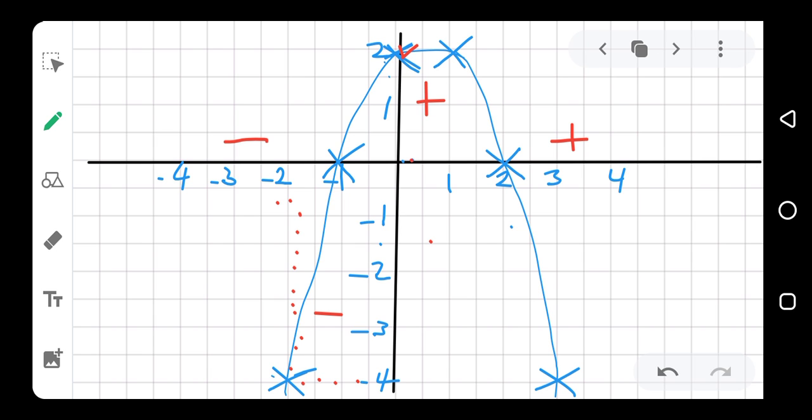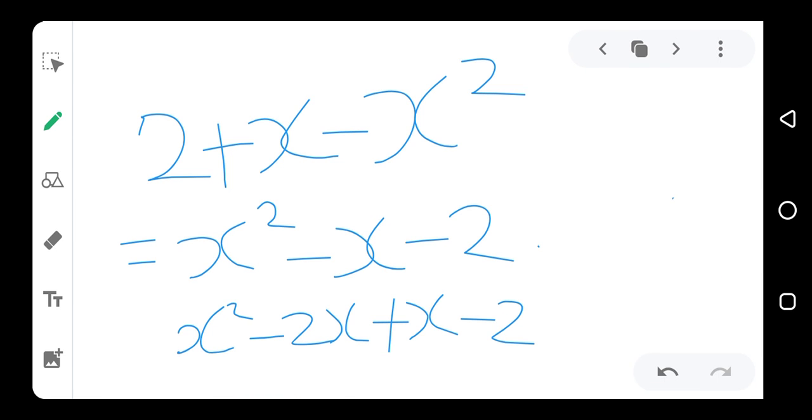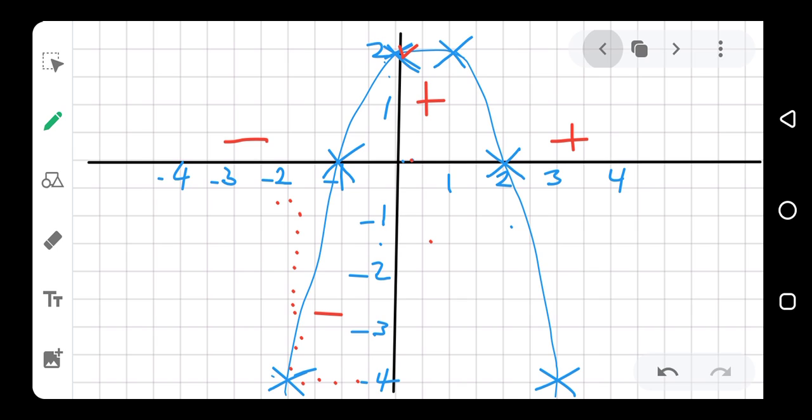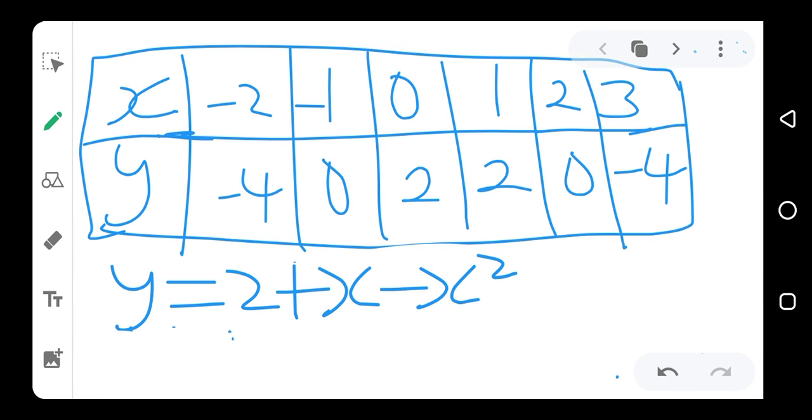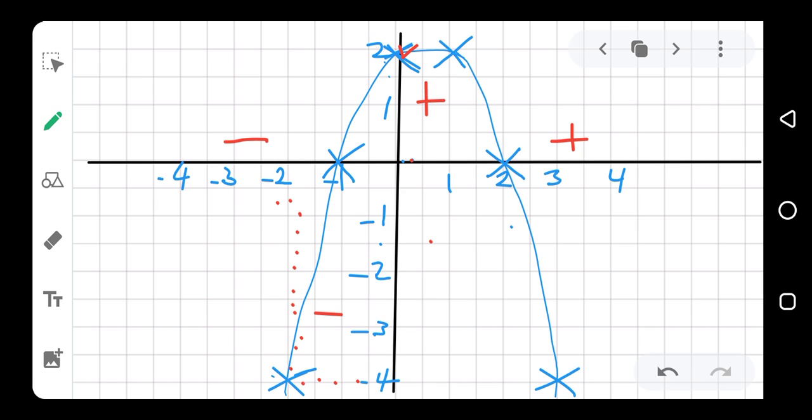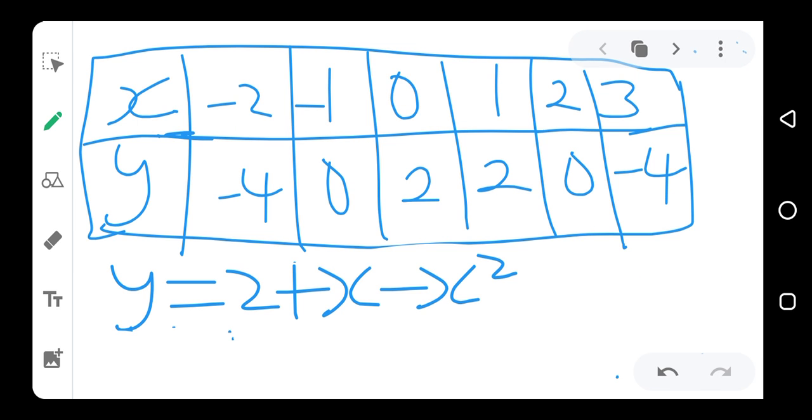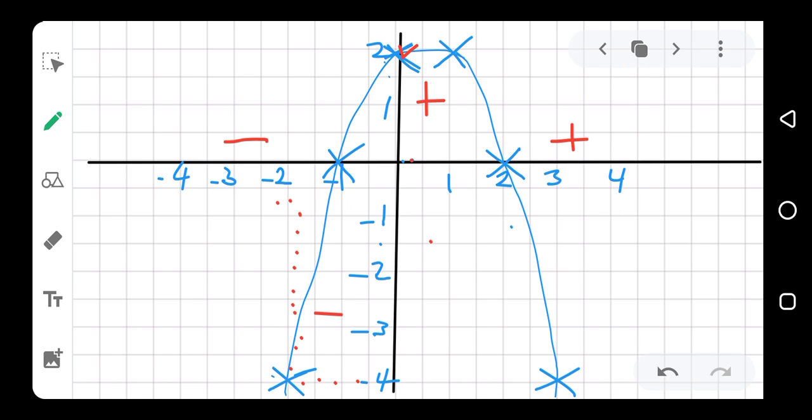That is this junction. Now we do the same thing for when x is equal to 1, y is equal to 2.